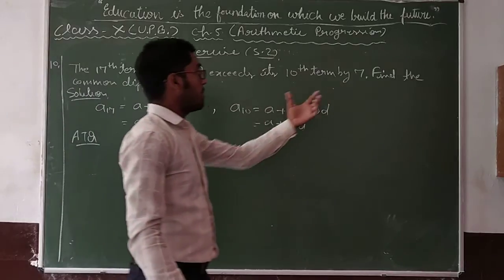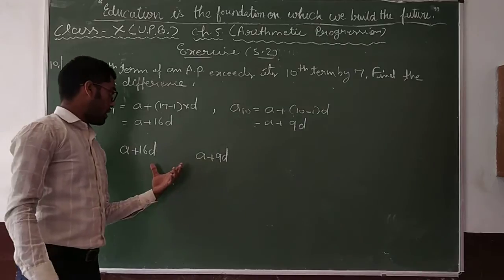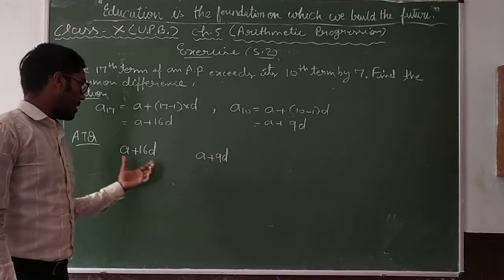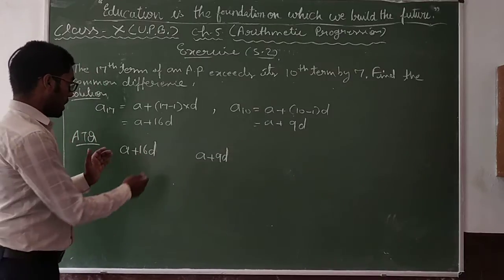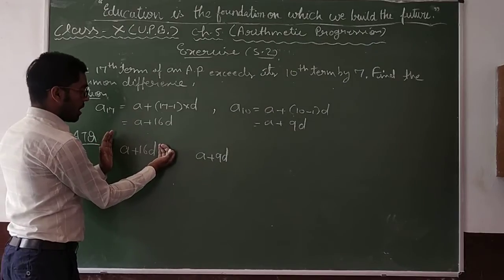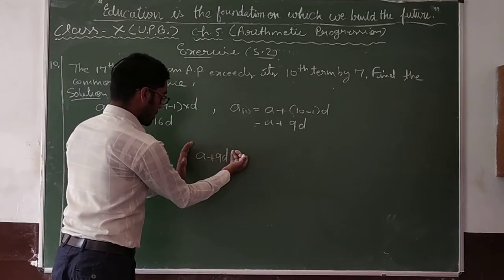How much greater? By 7. It means it is greater than the 10th term by 7. It means this term has a value 7 more than this term.